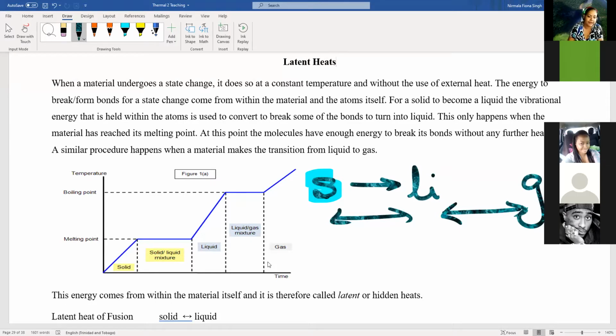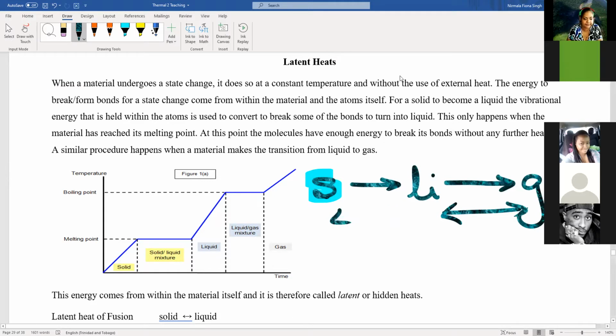Good, melting. When I go from liquid to gas, somebody else, what am I doing? Vaporizing. Good. And I love that you use the word vaporizing and not evaporating, right? These are two slightly different terms. Let's see, what happens when I go from liquid to solid? What process is that?